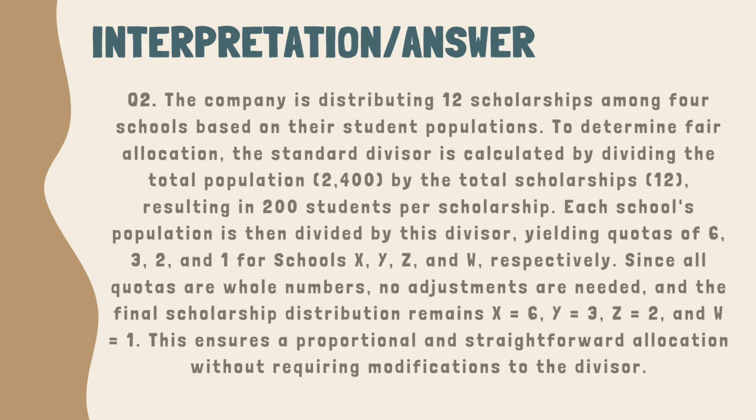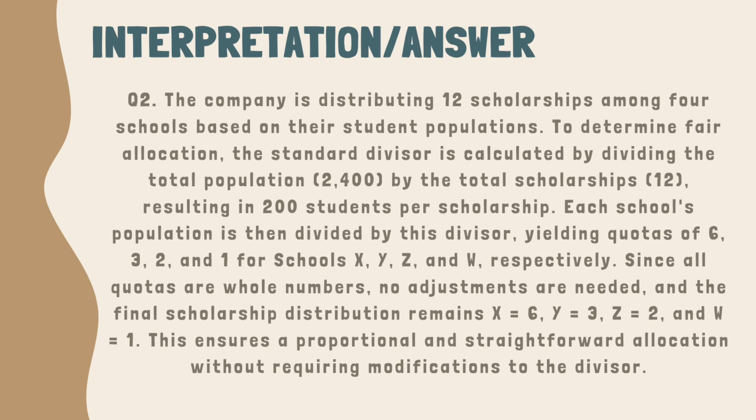For question number 2, the company is distributing 12 scholarships among 4 schools based on their student population. To determine fair allocation, the standard divisor is calculated by dividing the total population, which is 2,400, by the total scholarships of 12, resulting in 200 students per scholarship. Each school's population is then divided by this divisor, yielding quotas of 6, 3, 2, and 1 for schools X, Y, Z, and W, respectively.